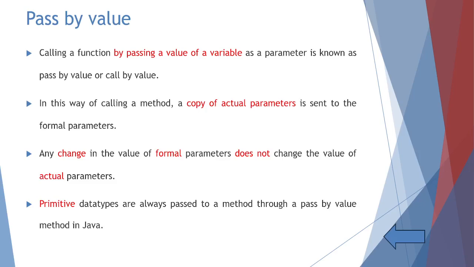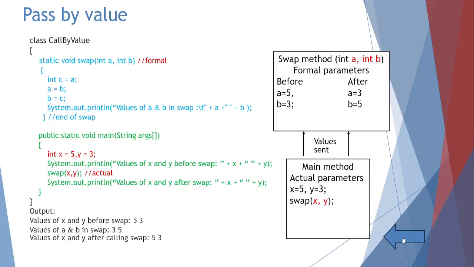At the method header. So if the method does any changes to the formal parameters, the actual parameters are not changed. And primitive data types are always passed to a method through pass by value in Java. We'll see with the help of an example.